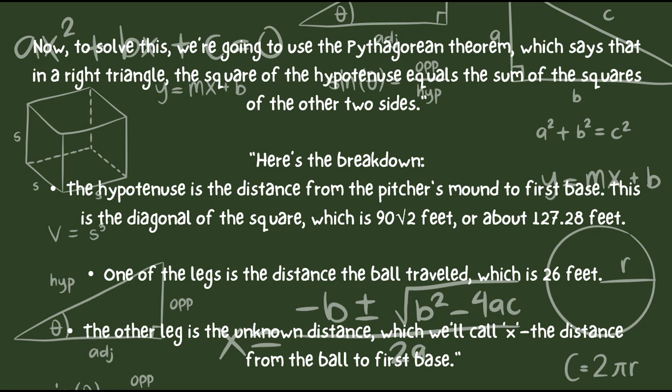This is the diagonal of the square, which is 90 square root of 2 feet, or about 127.28 feet. One of the legs is the distance the ball traveled, which is 26 feet. The other leg is the unknown distance, which we'll call x, the distance from the ball to first base.